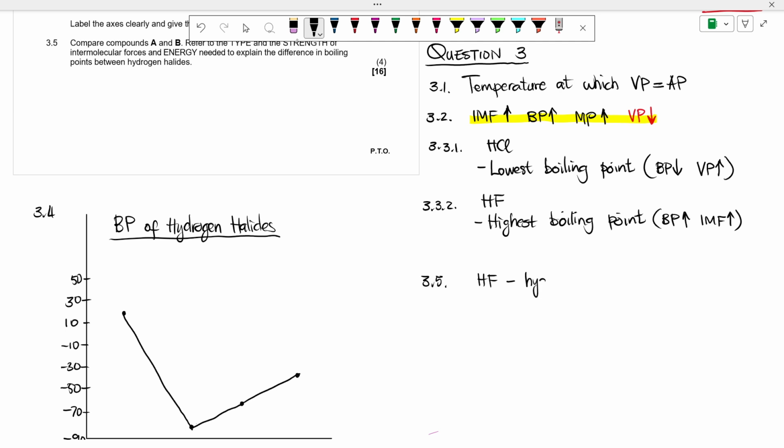Hydrogen bond, you already have 1 mark. Then you go to HCl, you specify the intermolecular forces that you have. Dipole, you already have the 2nd mark. Then the other 2 marks are from comparison. Which one is stronger between the two?